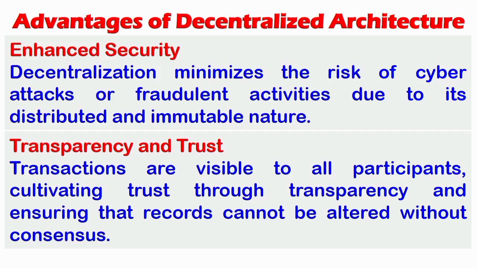All transactions are open for everyone to see. This transparency builds trust because records cannot be changed without everyone agreeing. It is like having a transparent system where everyone is on the same page, ensuring reliability and trustworthiness.